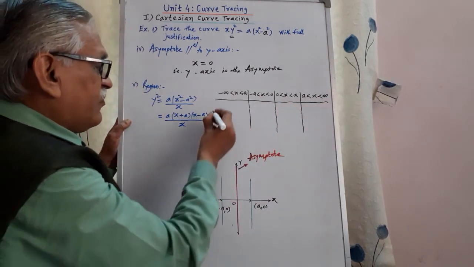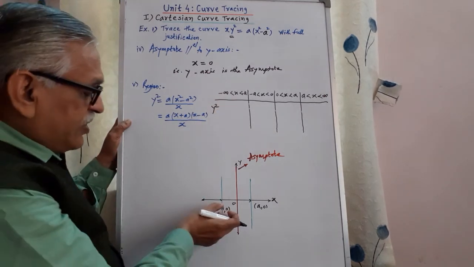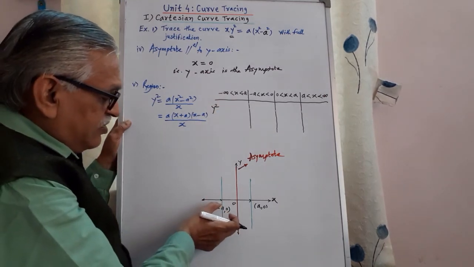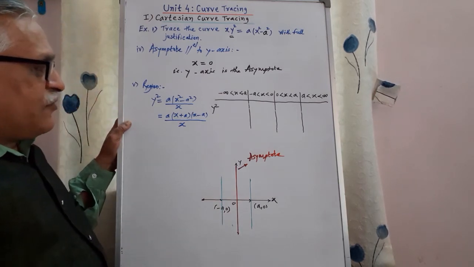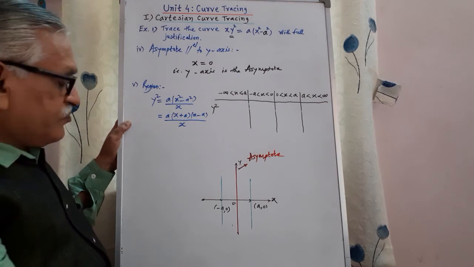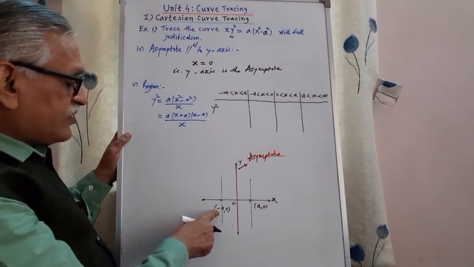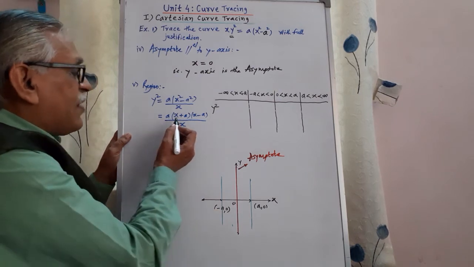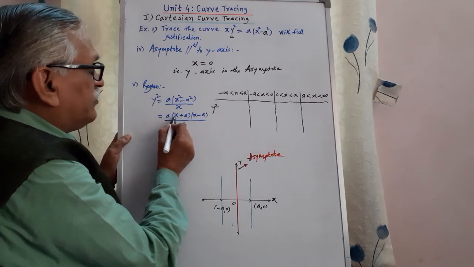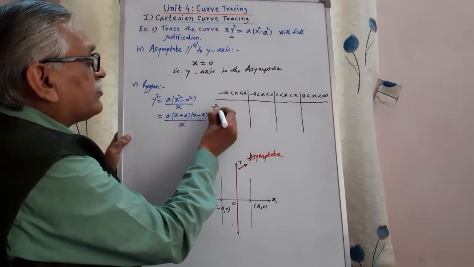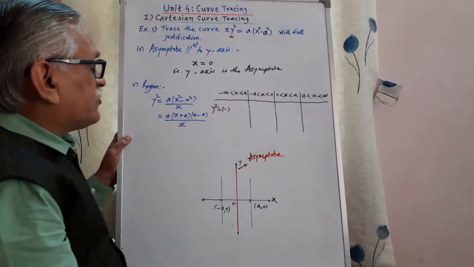And then we try to get the sign for y square. If we consider any value from minus a to minus infinity, suppose minus 2a, which is less than minus a. Therefore, what will happen if we put x as minus 2a? This becomes minus 2a plus a, this term is negative.